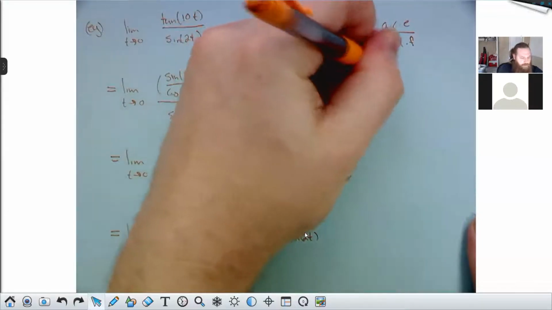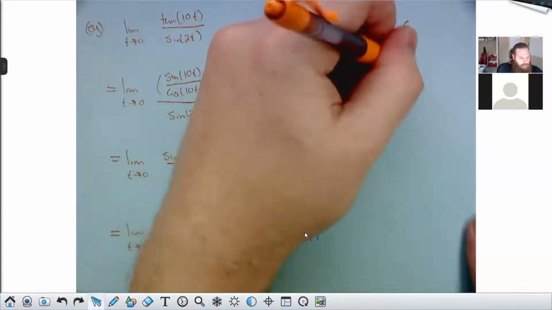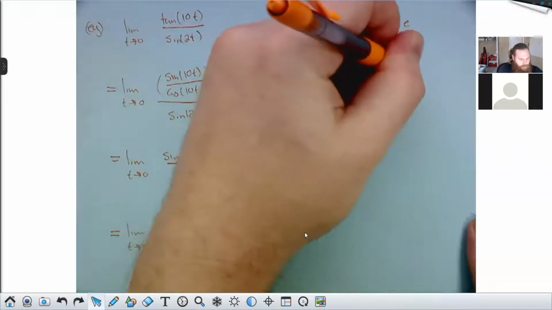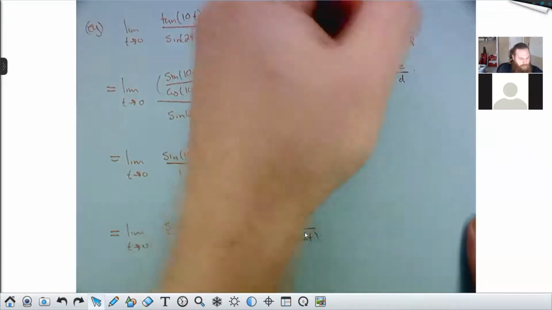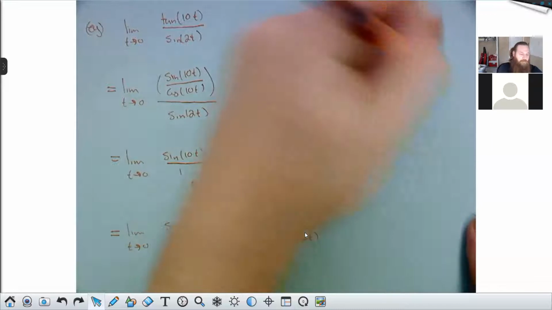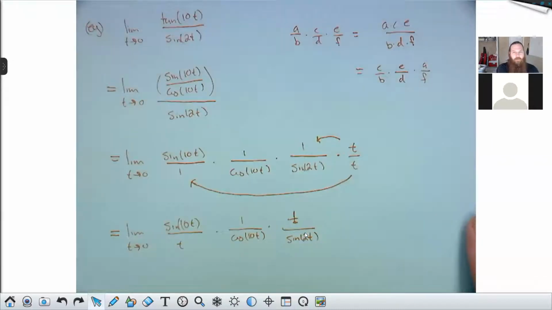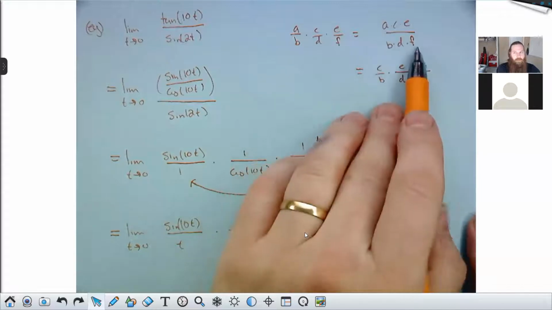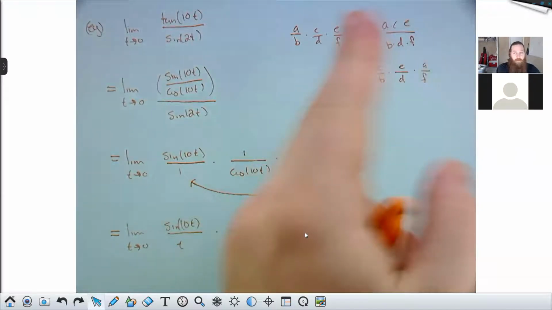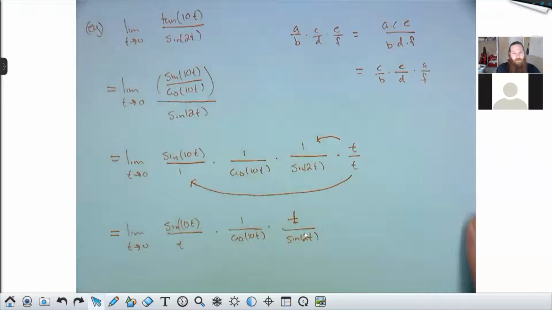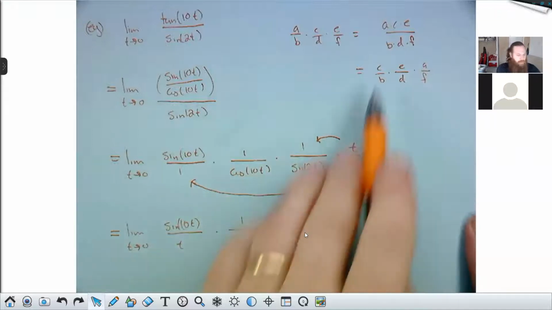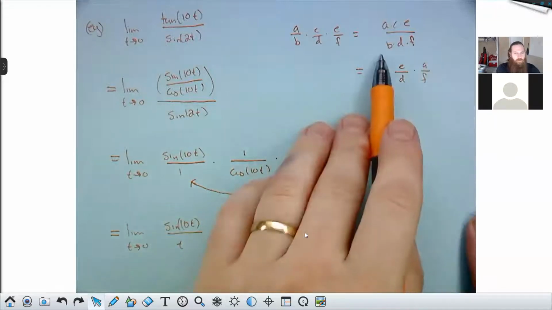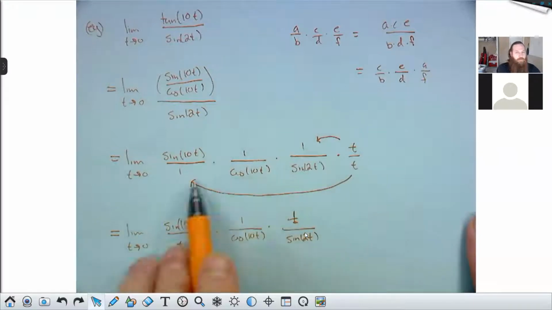I could call this c over b times e over d times a over f if I wanted to. Because these are being multiplied, and I can flip the order of multiplication around however I want, the upshot is that as long as all the fractions are being multiplied, you can shove any one piece anywhere you want.